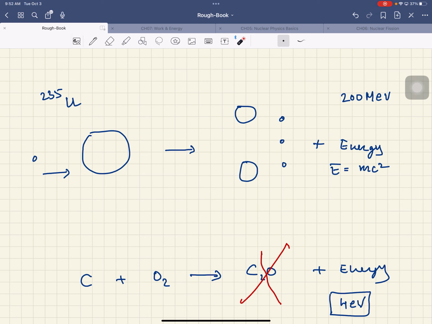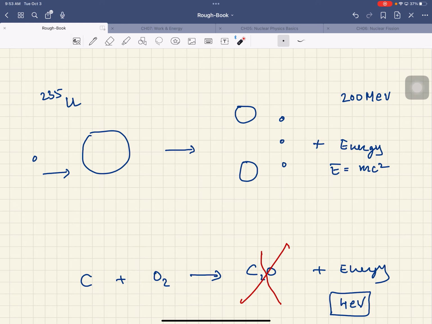The great thing about this is when you split one uranium nucleus, you're getting 200 million electron volts of energy. When you burn one carbon atom, you're getting 4 electron volts of energy. This is 50 million times more. And why is that? Because these guys weigh that much less, because they're that tightly bound, because it's a nuclear force that's involved, a strong force.